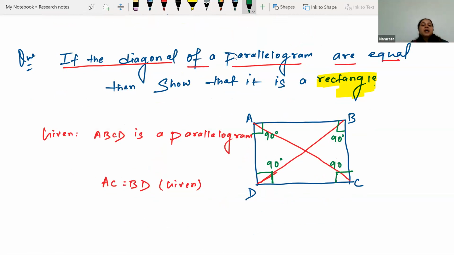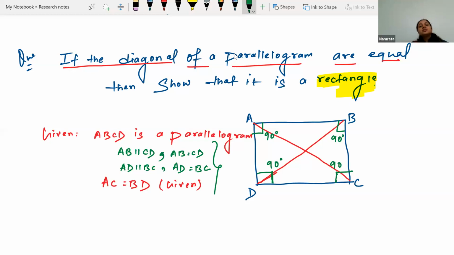Now ABCD is a parallelogram, means AB is parallel to CD and AB is equal to CD. What else? ABCD is a parallelogram, means AD is parallel to BC and also AD is equal to BC. All the qualities of a parallelogram I am writing. Why?